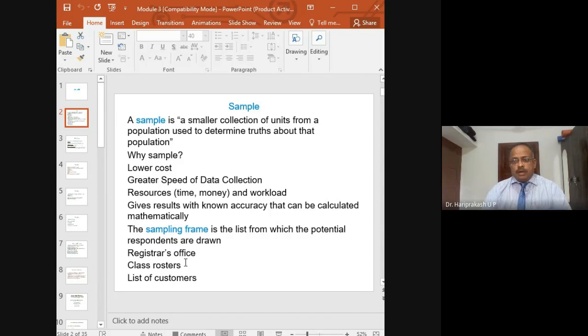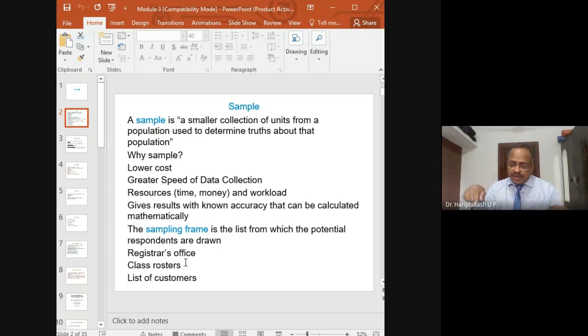You are going to find out the satisfaction of Maruti car users. So if that is the purpose of your study, then the sampling frame in this context is the list of all the customers of Maruti cars. That becomes the sampling frame from which you will select a smaller unit, a few customers, which will become the sample for you.